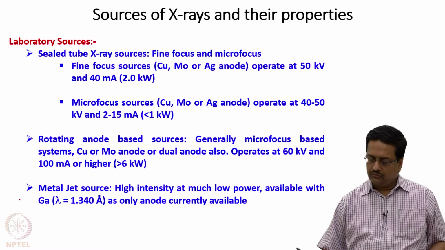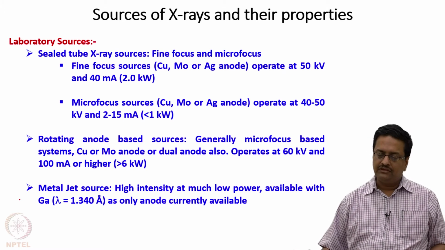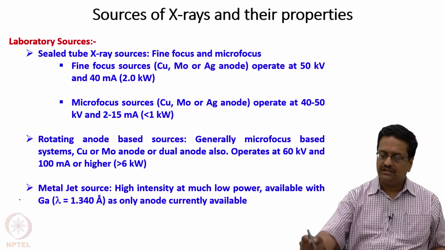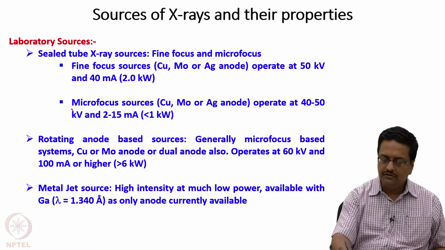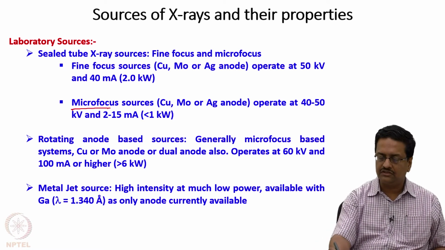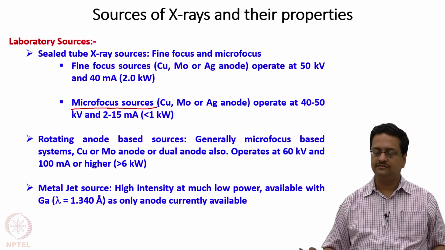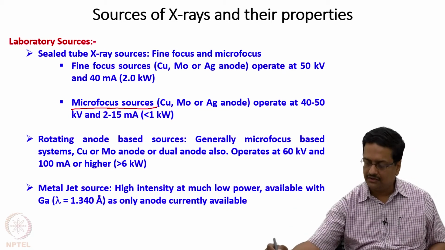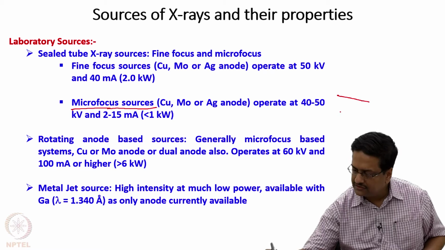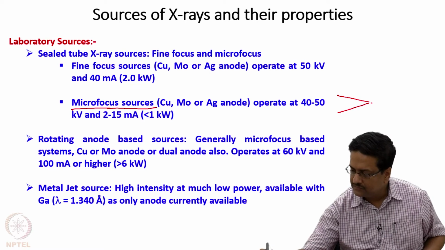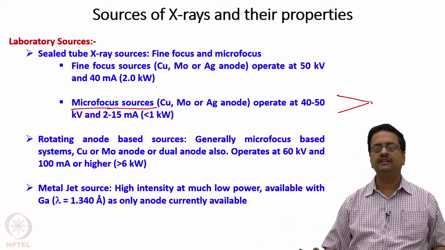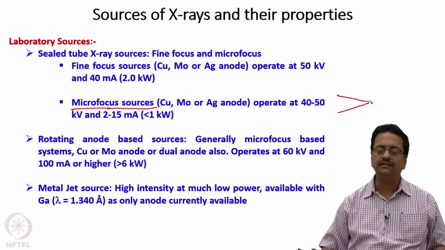The modern X-ray diffractometers come with microfocus sources where the beam that comes out of the tube is focused on the crystal. As a result of this focusing, the intensity of the beam on the crystal increases.